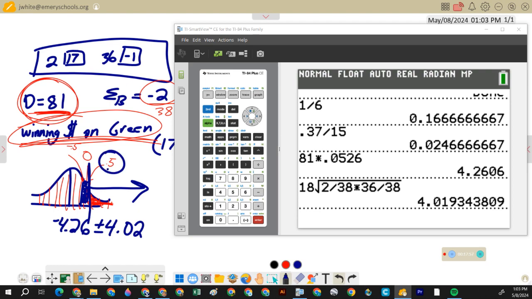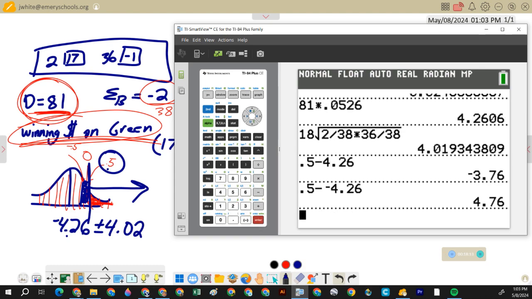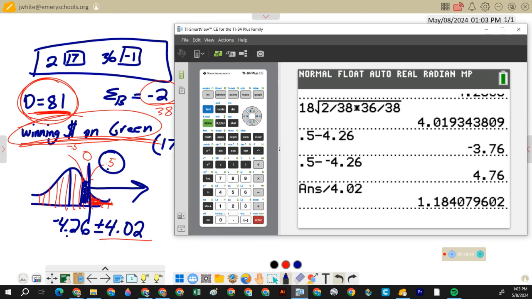So 0.5 minus, or sorry, nope, minus negative 4.26. 0.5 minus negative 4.26. And we're going to divide that by 4.02. That's my z-score. So I'm going to shade norm from 1.18 to 5. And that will tell me the probability of winning money.